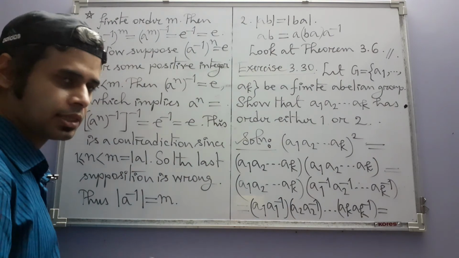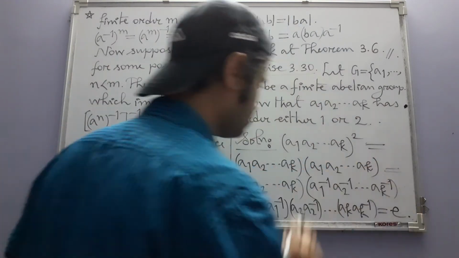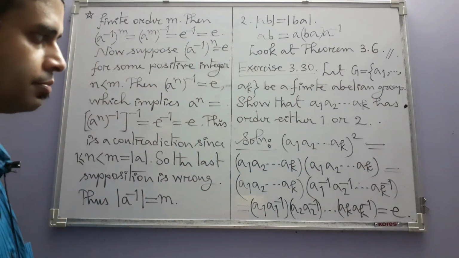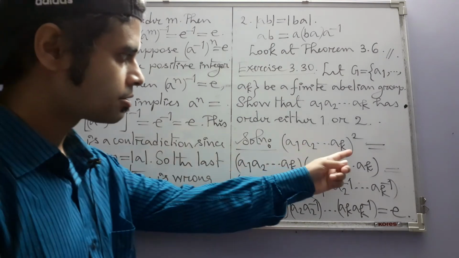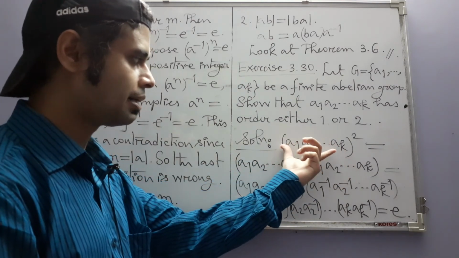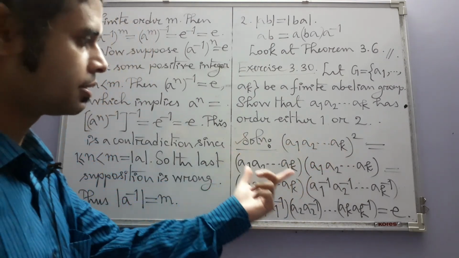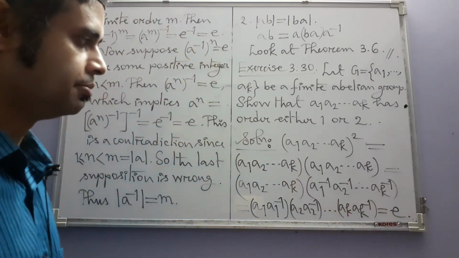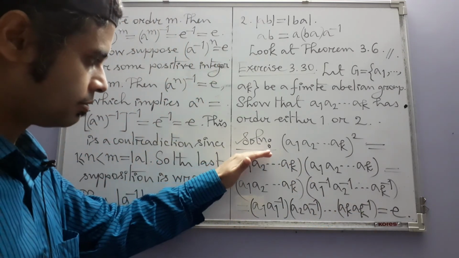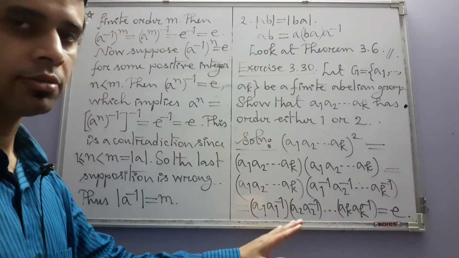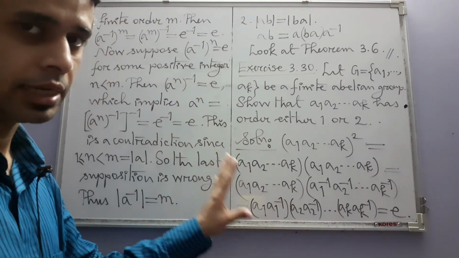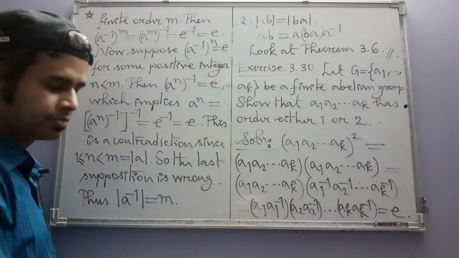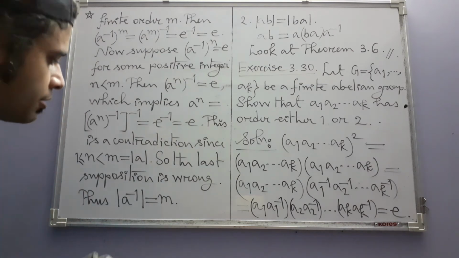Each one of them is identity, so you get identity. So that means this square of the ultimate product of all the elements in the group equals identity. Now in carrying out these calculations, you have to write all those justifications. But then what?